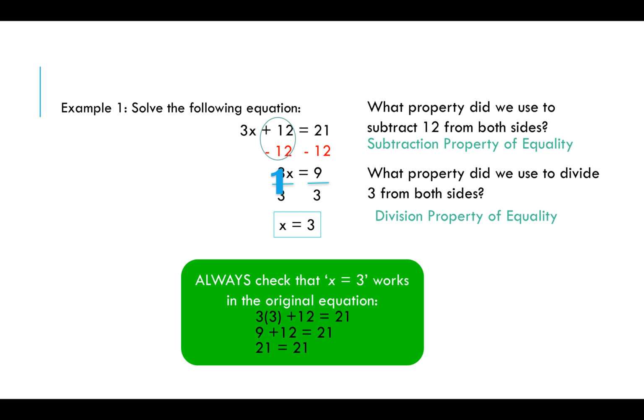And the order of operations mattered here. We had to do 3 times 3 first to get 9. Then we added 12 to get 21. Now we know 21 equals 21. So this is correct. So x equals 3.